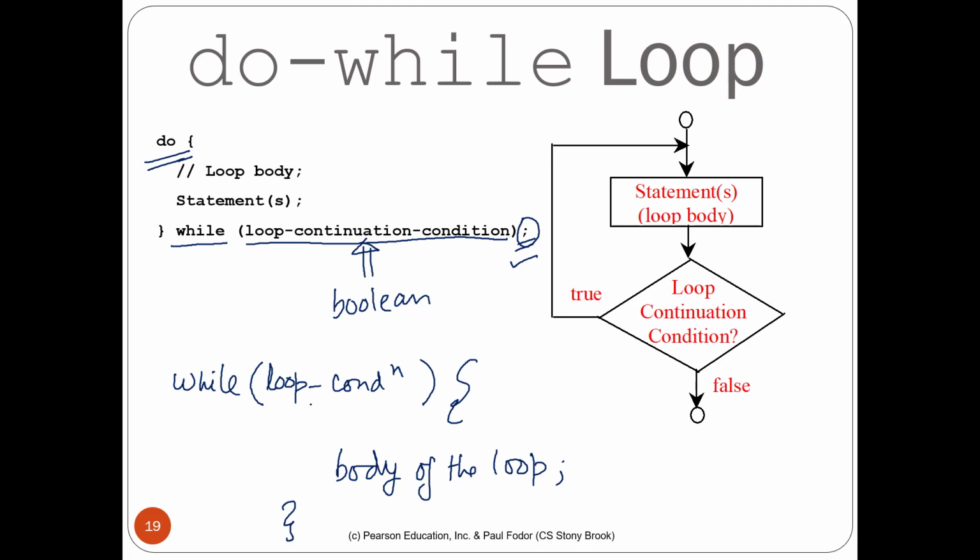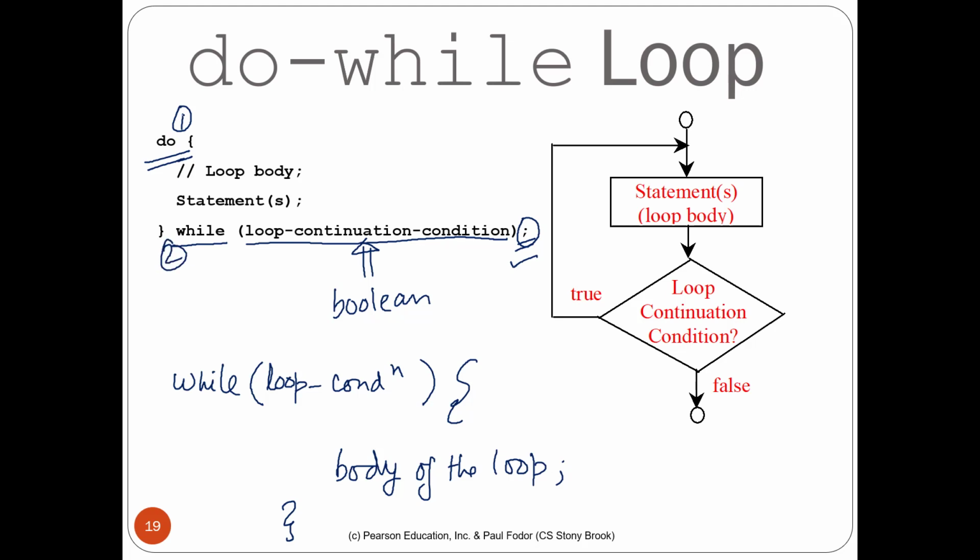So if the condition is false in the very first attempt, you will not get the chance to enter the body. Whereas in the do while loop, the condition is towards the end of the loop body, right here. The condition is not here. If I say this is 1, this is 2, then the condition is at position 2.